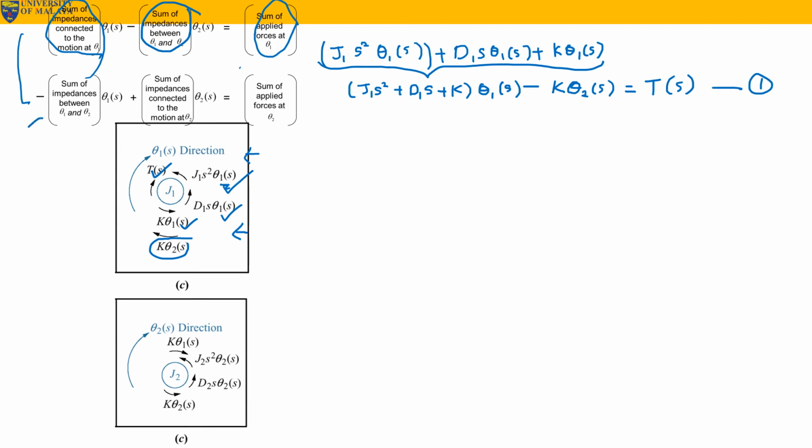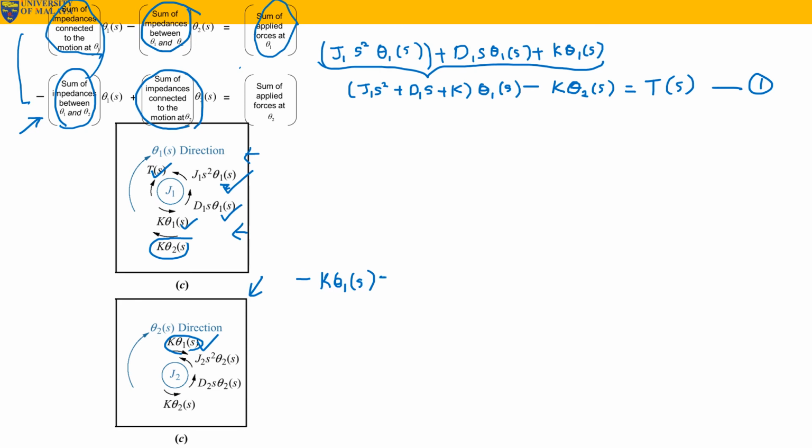For the second equation, going to the next row, we have minus the sum of the impedances between theta 1 and theta 2. So refer to the second figure now. So here we would have minus. What are the terms that have theta 1 in them? We only see one, which is this one. So we have minus K theta 1 of S. And the next term: we have to add the impedances connected to the motion at theta 2.